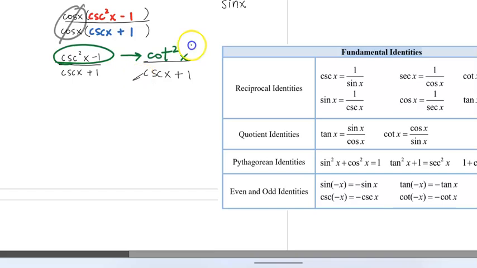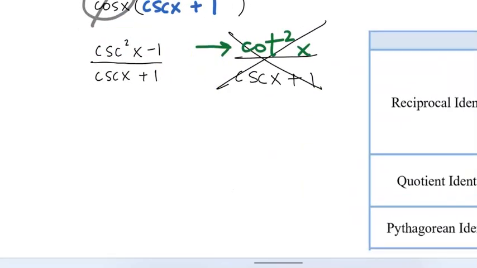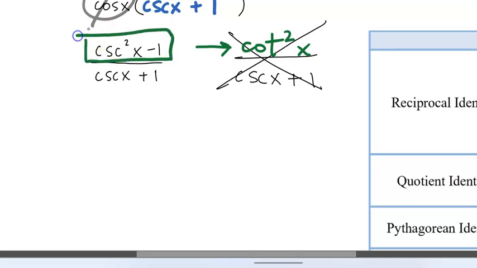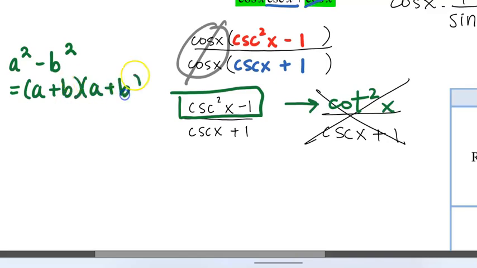So I would not do this. Instead, we need to observe that the numerator is a difference of squares. The numerator looks like a squared minus b squared, which always factors into a plus b, a minus b.